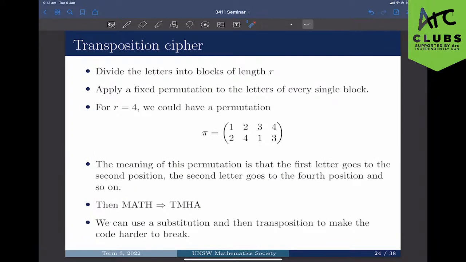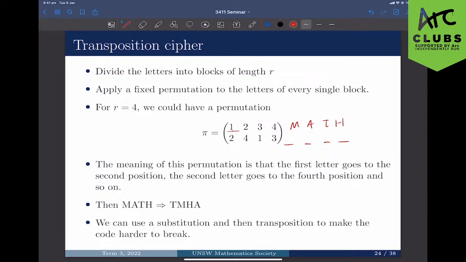Now we look at something called the transposition cipher. In the transposition cipher, we divide letters into blocks of length R, and we apply a permutation to the letters of every single block. For example, let the block length be 4, so R equals 4 here, and we have a permutation that looks like this. What this matrix means is that if we have a 4-letter word, MATH, there are 4 positions that each block of letters can go to.